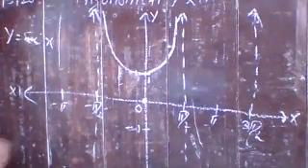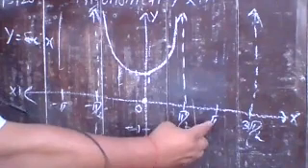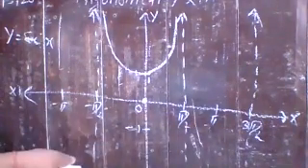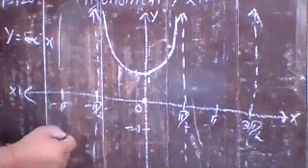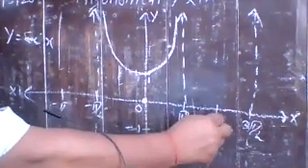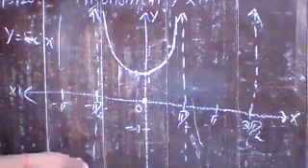In the same way, in pi by 2 to pi, which is the second quadrant, sec is negative. At pi, its value is -1. Sec pi is equal to -1.